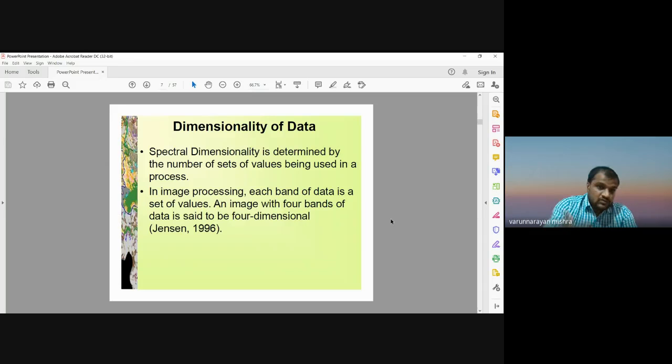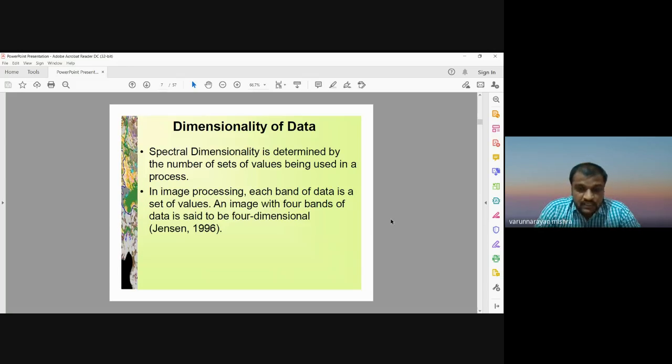In image processing, the dimensionality is very important, as each and every wavelength interval in a satellite image has certain information, certain characteristics of the feature. An image with more spectral bands will be considered a more dimensional data set.